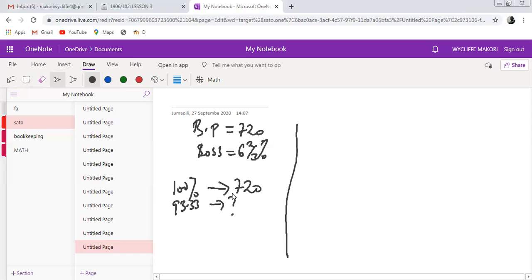So if you cross multiply, 93.333% times 720, then we divide by 100%, you are going to realize that you will get this.